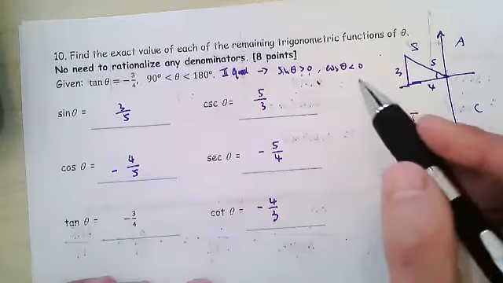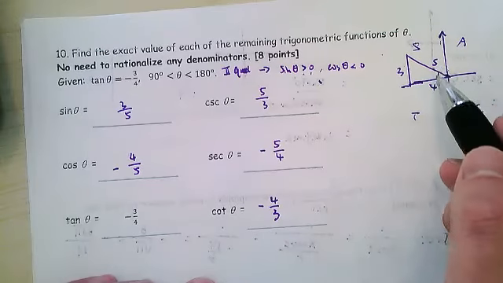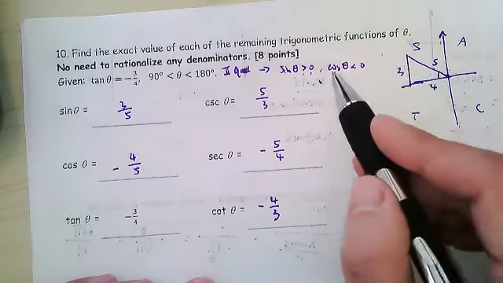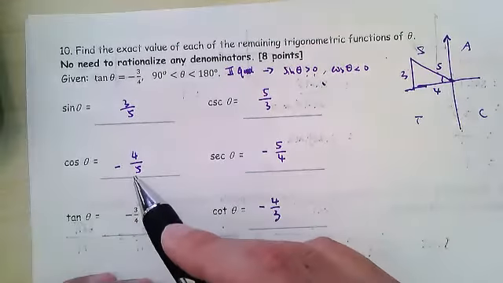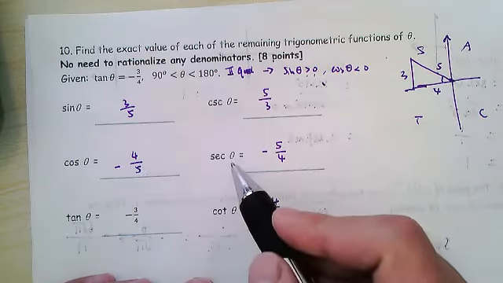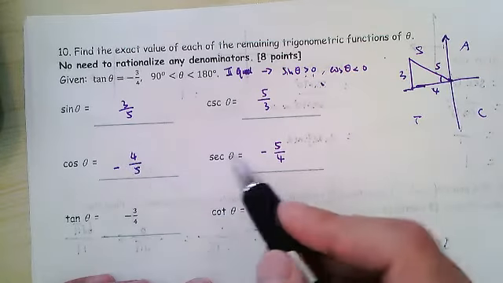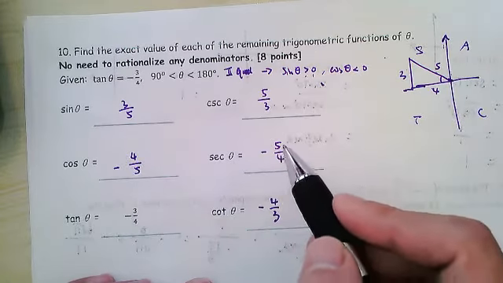Cosine theta is the adjacent side divided by the hypotenuse, so it's 4 over 5. However, it is negative, so it's negative 4 over 5. Secant theta is just 1 over this value, so you just flip the fraction.